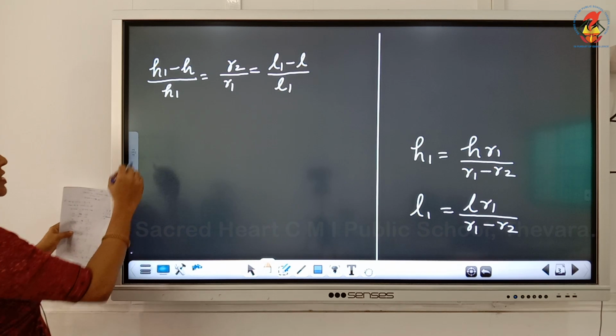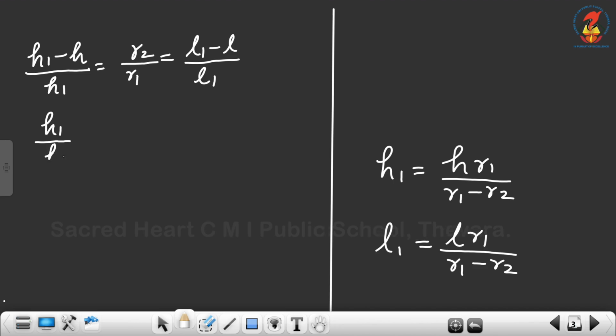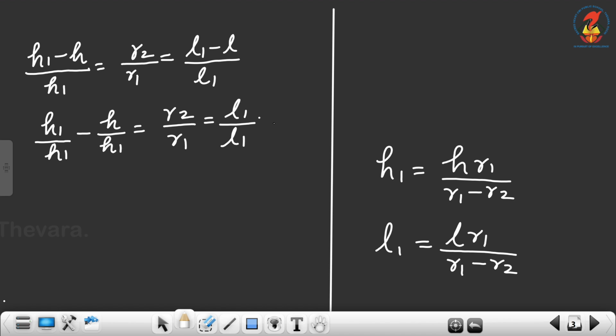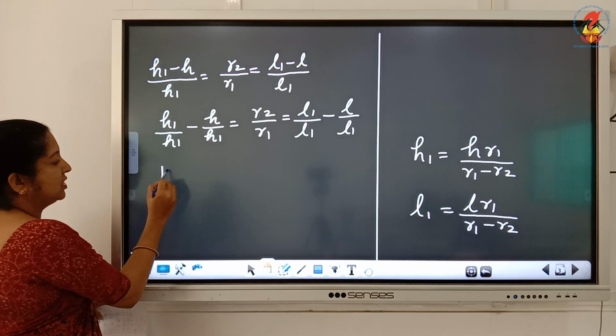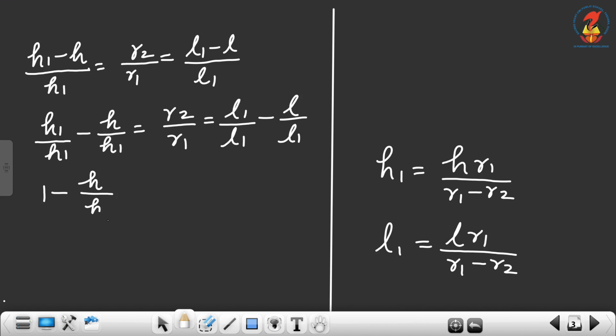We can split this as H1 by H1 minus H by H1 is equal to R2 by R1 is equal to L1 by L1 minus L by L1. So H1 by H1 we can write as 1, so 1 minus H by H1 is equal to R2 by R1 is equal to 1 minus L by L1.